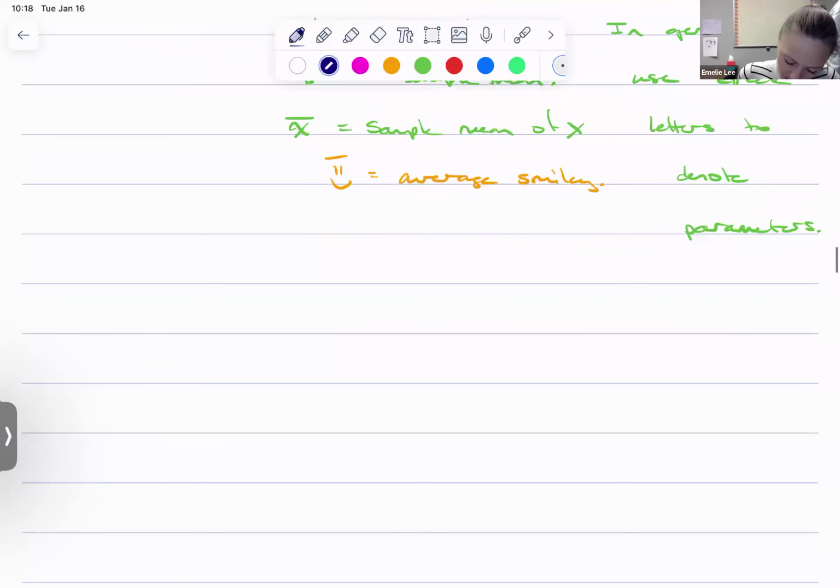So going back to how we introduced statistics, the study of statistics is going to be taking sample information. So we said we're taking sample information, but now more specifically, we're going to take a statistic.